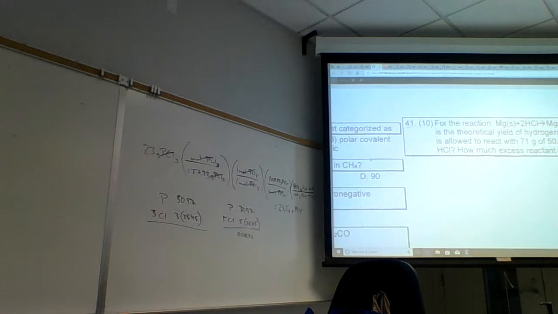So we'll go 12 grams of magnesium. Whenever we're given more than one reagent, it's always going to be a limiting reagent type problem. So 12 grams of magnesium. What's the molar mass of magnesium? 24.31. Yeah. What's the mole ratio? 1 to 1.